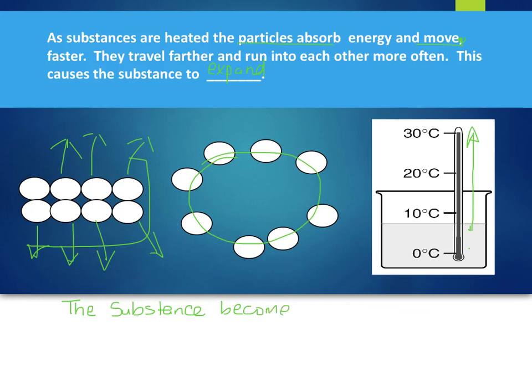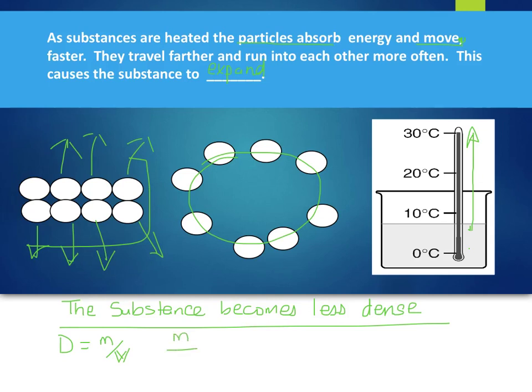Once the substance expands, the substance will become less dense. Why does it become less dense? Remember, density is mass divided by volume. We're not changing the mass, we're changing the volume. So think about it, the mass stays the same.